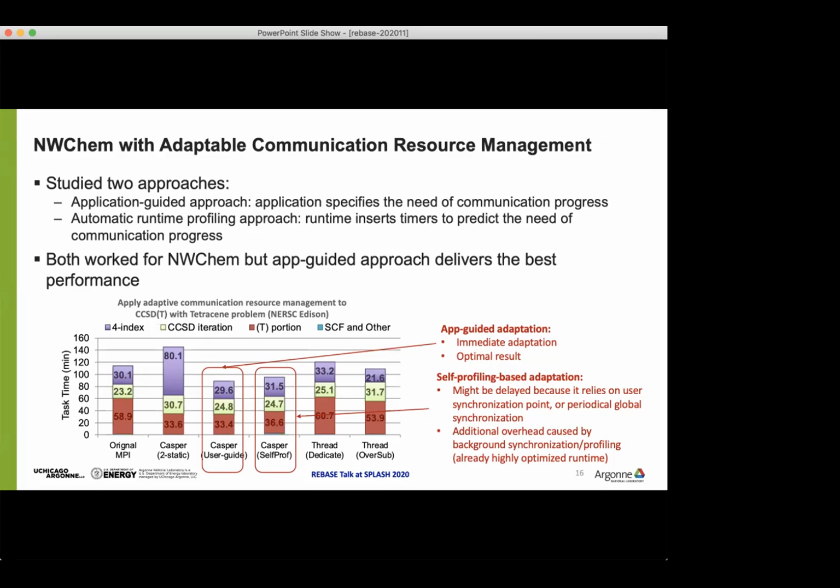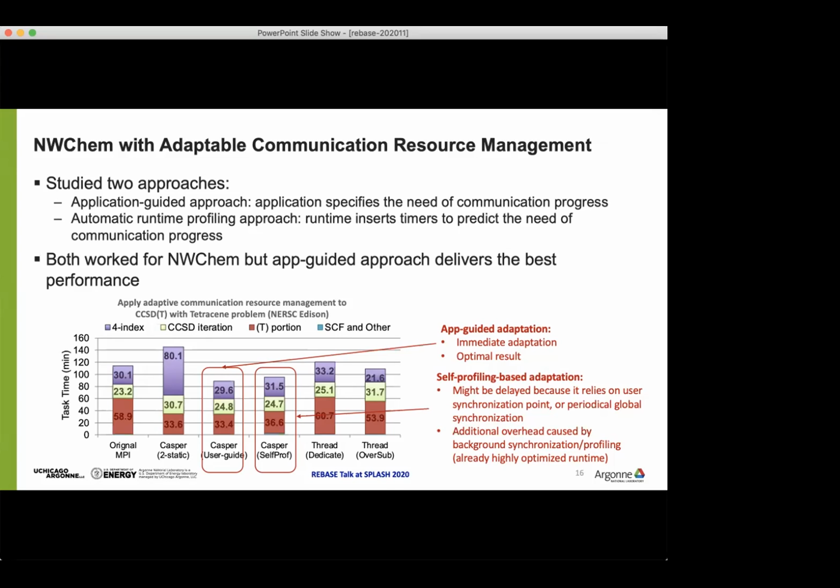Both approaches actually worked, but we can compare the performance here. The profiling based adaptation is not as good as the guided approach. There are several drawbacks that we cannot eliminate. One is that we added timers to profile, so there is profiling overhead that cannot be avoided. Second, the prediction takes time.